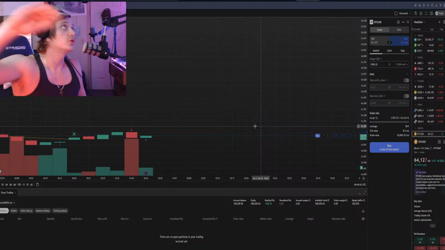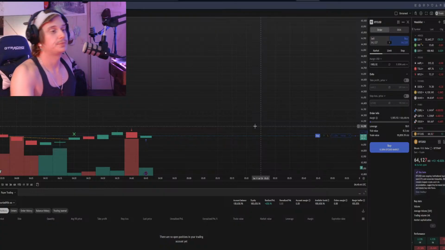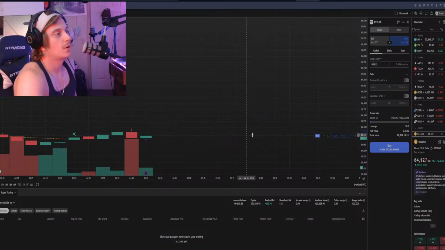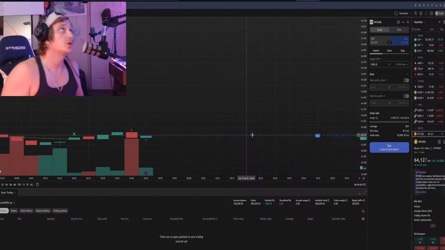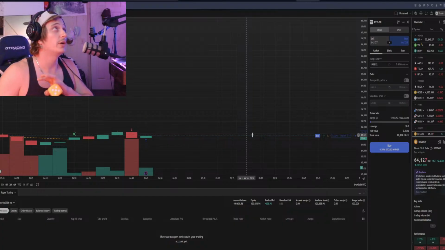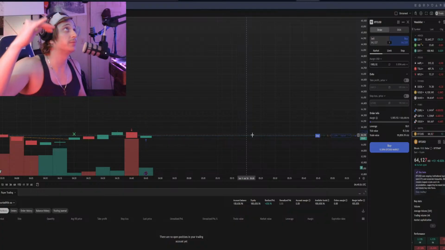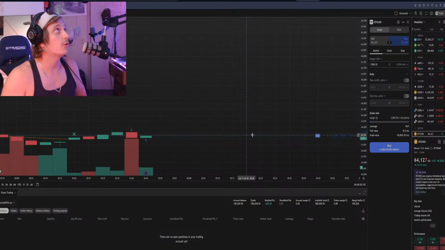Yes, we're going off the trend line, of course. But in theory, we're just waiting to see what it's doing in the 5-minute. And if we notice that it's going to shoot up in green, we're going to hit a buy order.